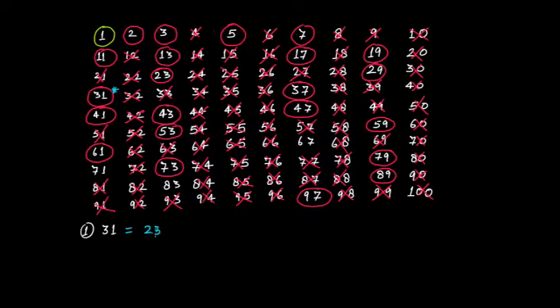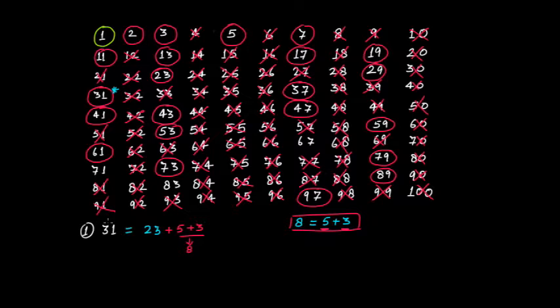To make 31, if we add 8 to 23, it becomes 31. But if we write 8 as 5 plus 3, that's great, because 5 is an odd prime number and 3 is an odd prime number, and 5 plus 3 is equal to 8, as we saw here. 23 is an odd prime, 5 is an odd prime, 3 is an odd prime, and if we add these three numbers it's equal to 31, and that's the answer.